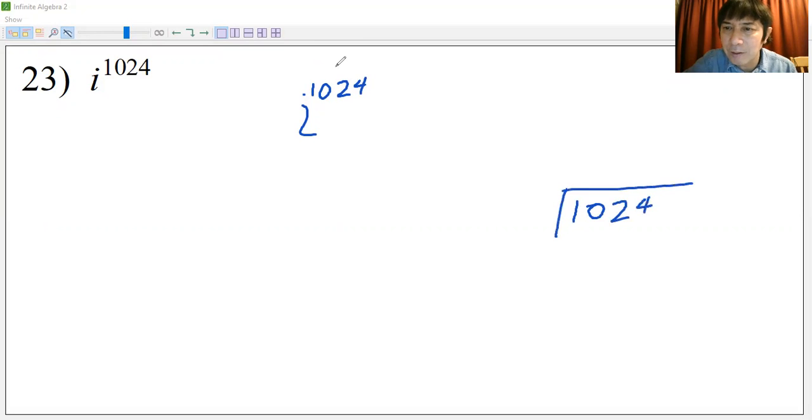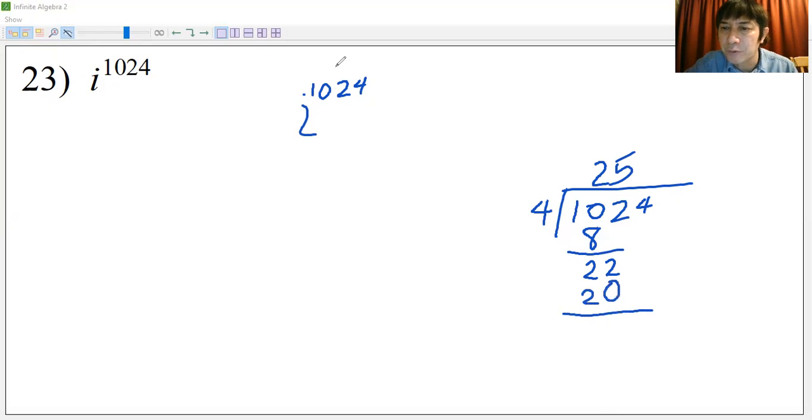Let's divide. Divide this by 4. So we have here 2. Okay, 2 and 4, that's 8. Difference of 2. Bring down the 2. That must be about, how much is that? 5. And then 5 times 4 is 20.